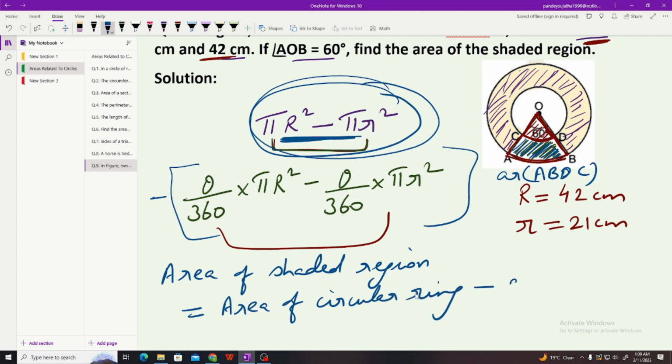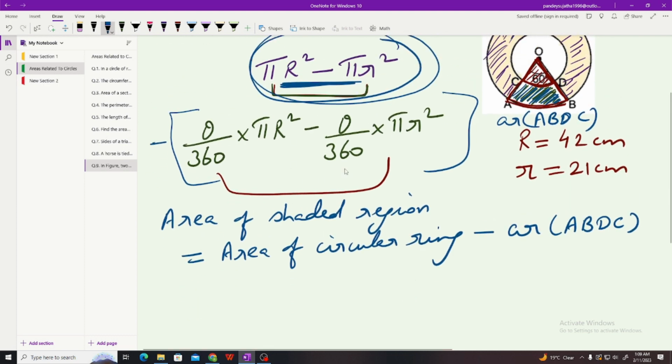From this, I am going to subtract the area of A, B, D, C. So, the area of circular ring is pi R square minus pi r square. From the area of big circle, we will subtract the area of small circle.